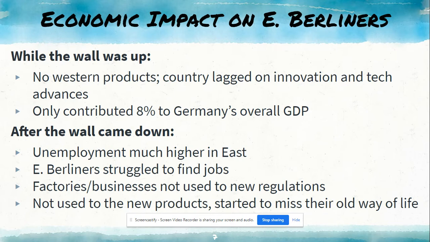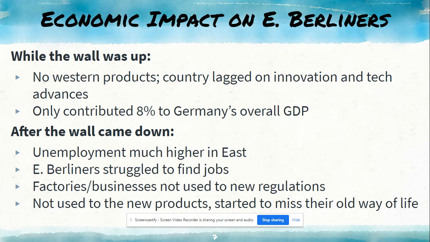They weren't available in East Berlin while the wall was up. The country also lagged on innovation and technological advances. Remember, they had a lot of catching up to do after World War II, and so this made it difficult for them to innovate and have technological advances. And then East Berlin only contributed 8% to Germany's overall GDP.